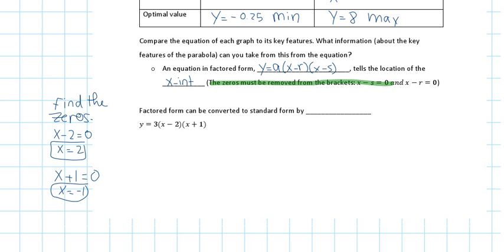You're just taking this separately, make it equal to 0. You're going to take this separately, make it equal to 0. So you can find your two zeros, which is going to end up being here and here. You're solving for these points. And the way we're solving for these points is we're setting each bracket equal to 0 and solving. It has to be in factored form for you to be able to do that. Does that make sense?